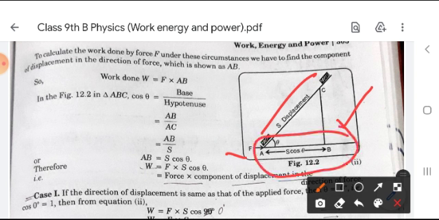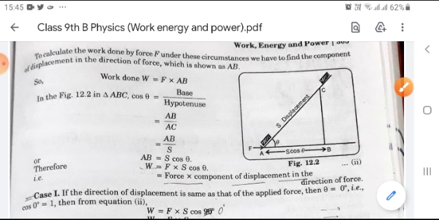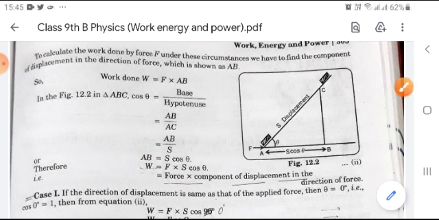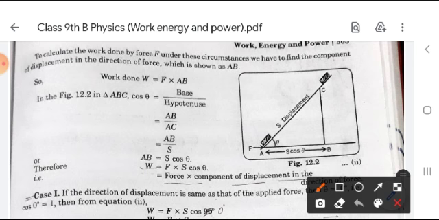Then for using the formula work done W is equal to F cross AB, we get here W is equal to Fs cos theta. W is equal to Fs cos theta, or you can say that force into component of displacement in the direction of force.